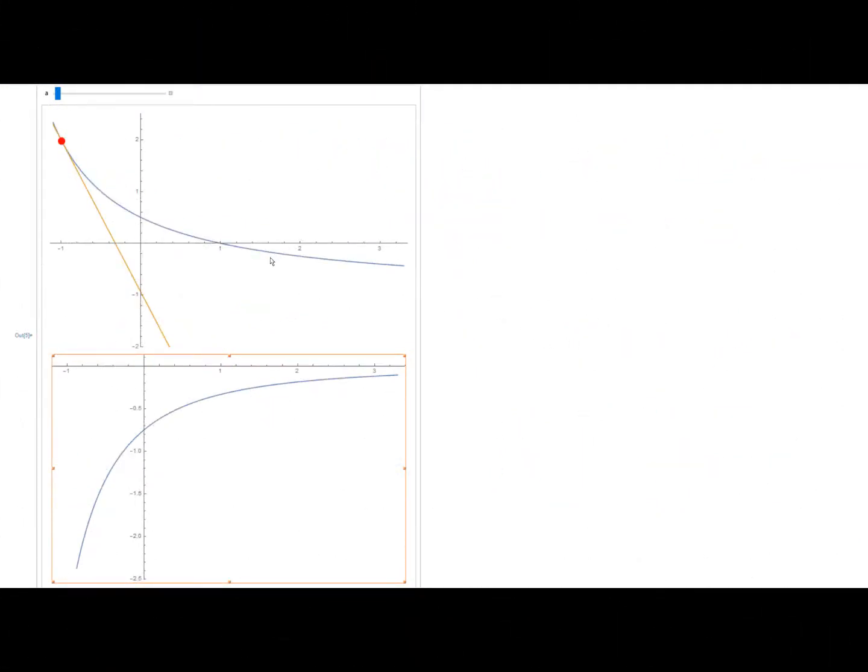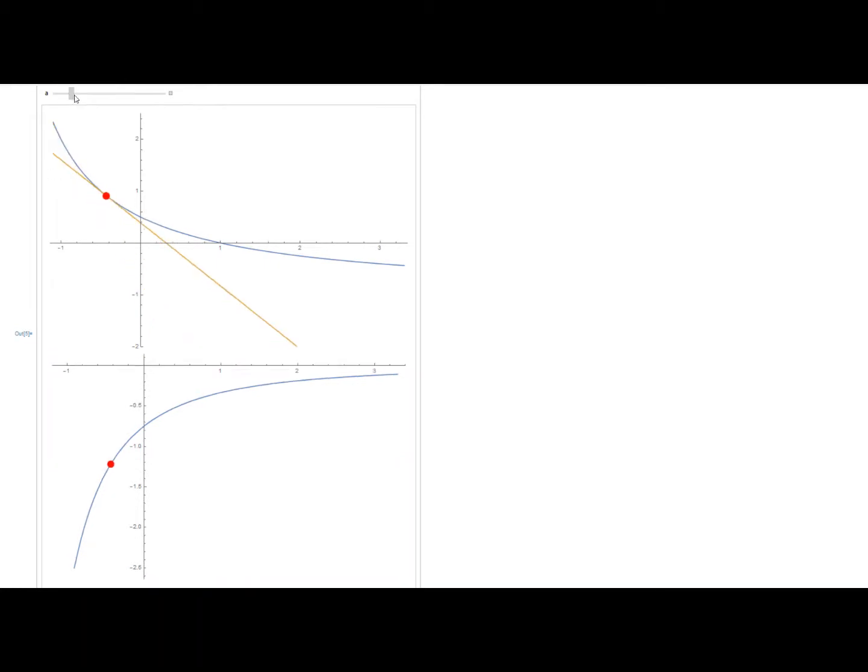All right, so as before, our top function is the original function. This is our g of x. And the bottom graph is a graph of g prime as a function. And so as we slide along our x values, you can see that the slopes of the tangent lines to our function g are all negative, but they're getting closer and closer to 0.